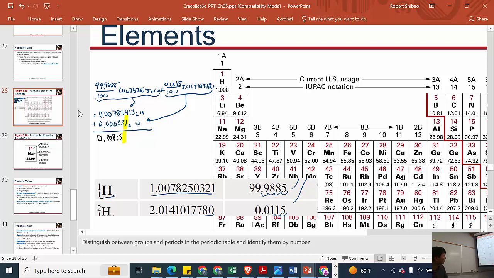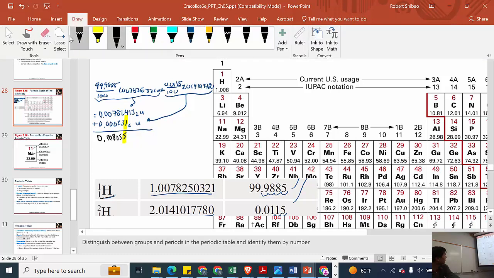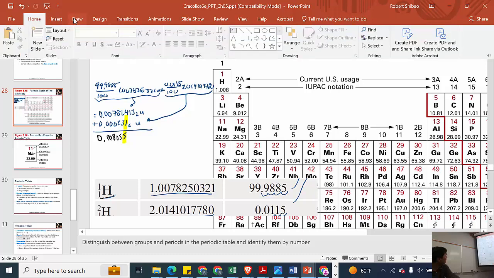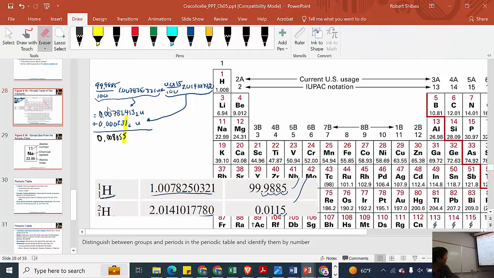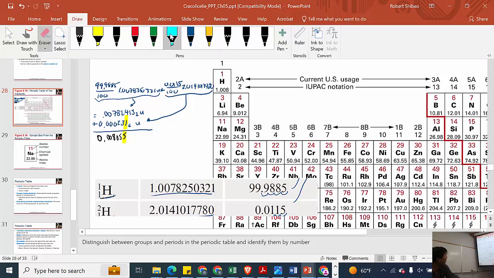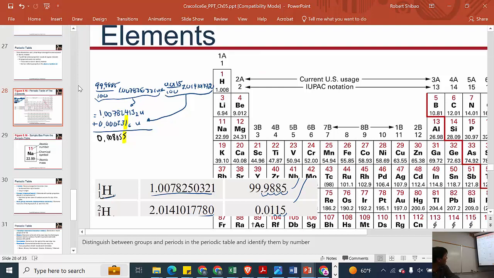That's 1, 2, 3, 4, 5, and then 5, 6. I made a mistake here in my calculation. Sorry, let me correct it. This should be 1.00782413.